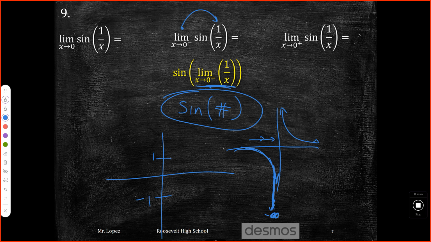So you'd always be plugging in negative numbers, going that way, and it will always oscillate between negative 1 and positive 1. It will never reach a final answer. It just oscillates.